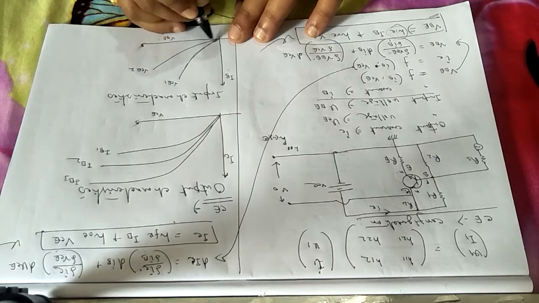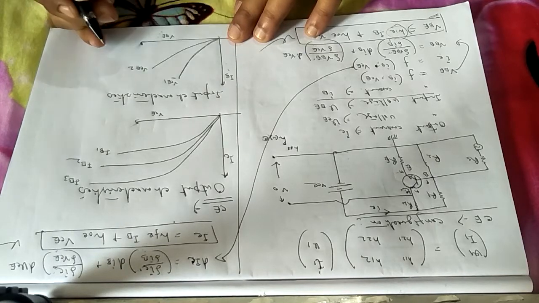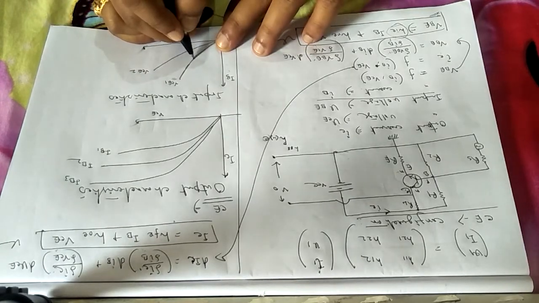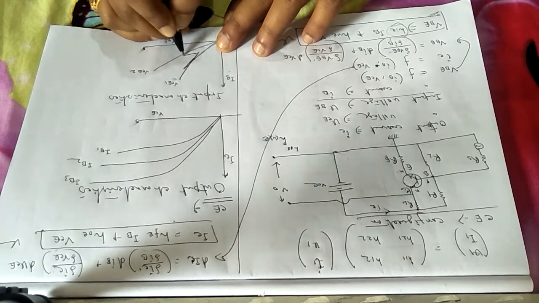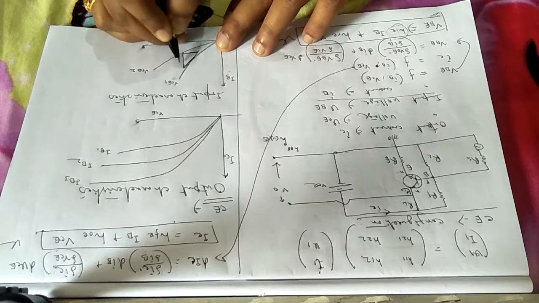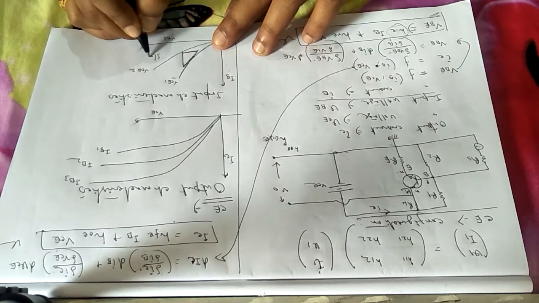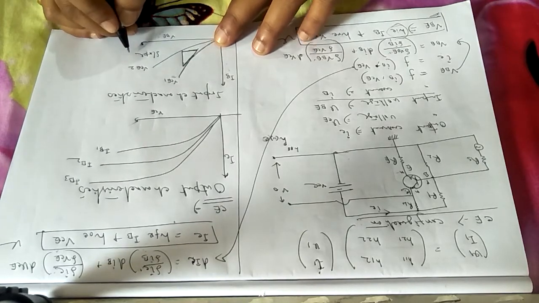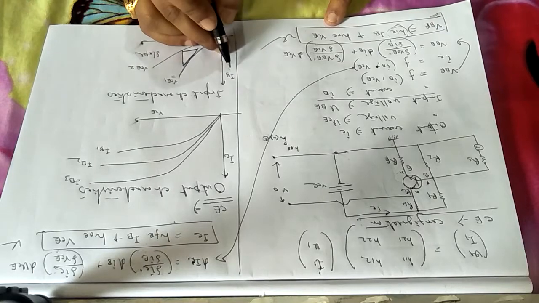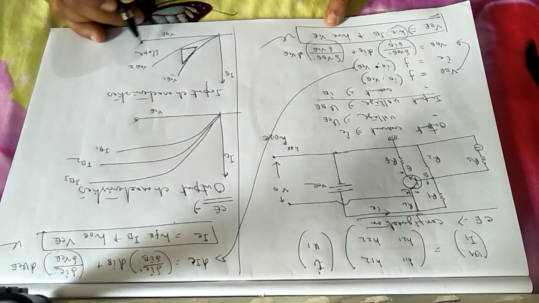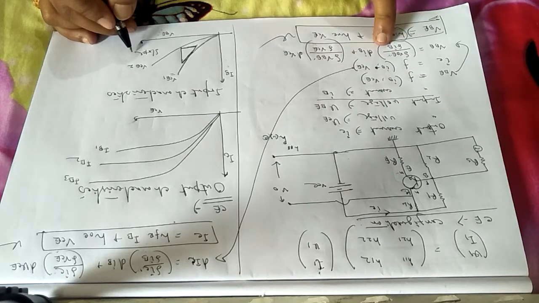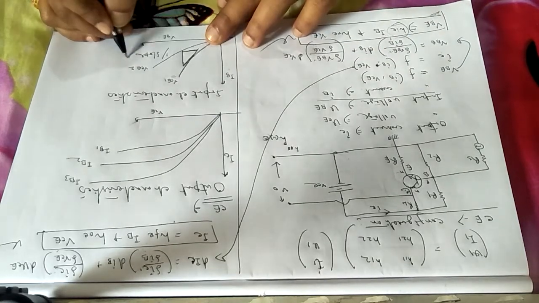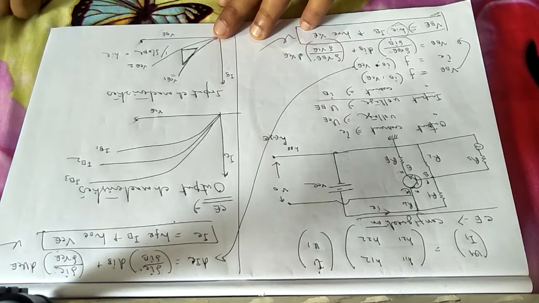For this line, on constant VCE, you take any point and draw the tangent here. The slope of the tangent will give you the value of delta IB by delta VBE. So the reciprocal of the slope gives you delta VBE by delta IB. So 1 by slope will be equal to HIE. As simple as that.